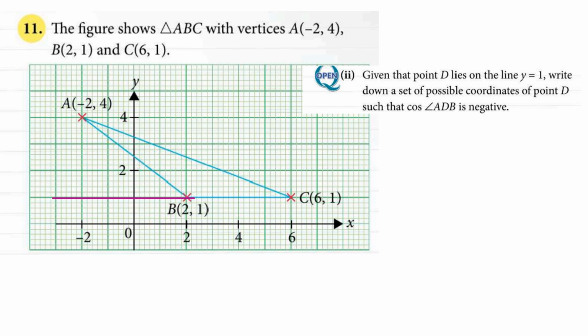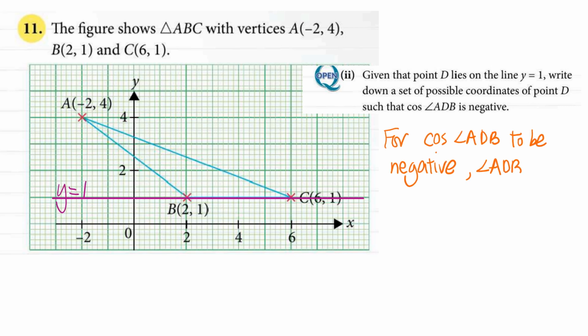Your angle ADB has to be an obtuse angle. So for cosine angle ADB to be negative, the angle ADB needs to be an obtuse angle. Let's look at this line y equals 1, which has already been drawn on the diagram.